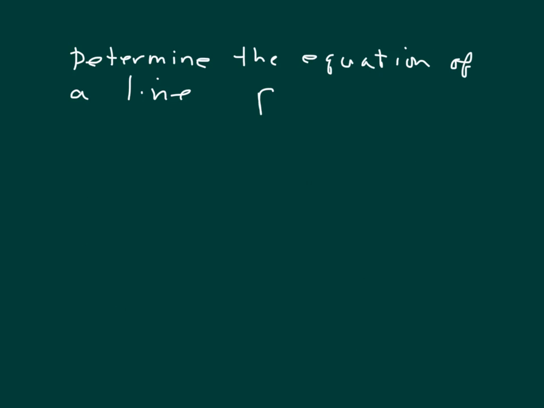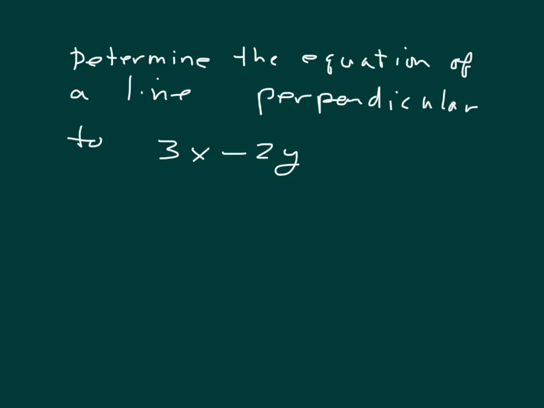So actually it's a pretty popular question where they'll say determine or find the equation of a line, let's say perpendicular to a given line, and they'll throw on one more condition, and they also might say and also make it pass through a certain point.